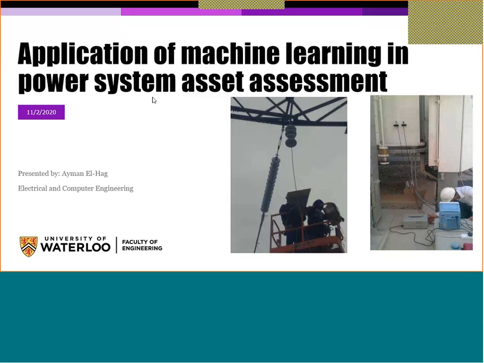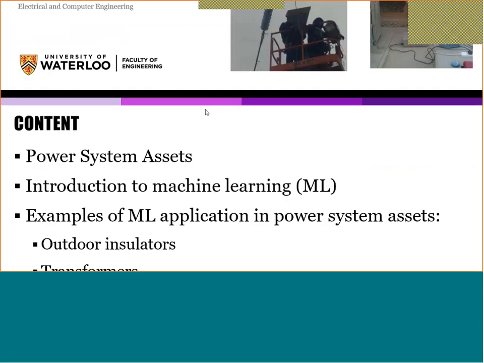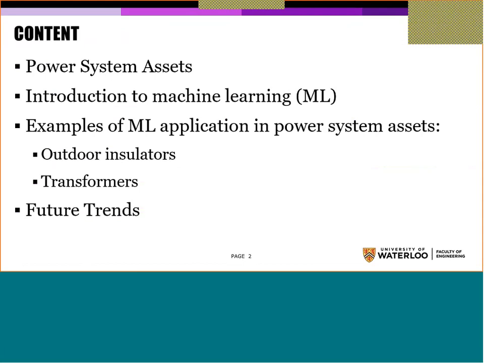Now, this lecture is based on two components, machine learning and power system assets. So we need to have an introduction about the two topics. What do we mean by power system assets, and in the context of this lecture, what exactly are we looking for.